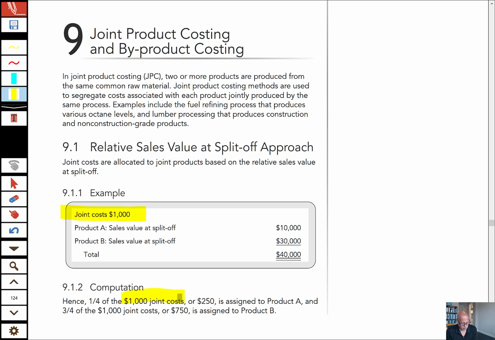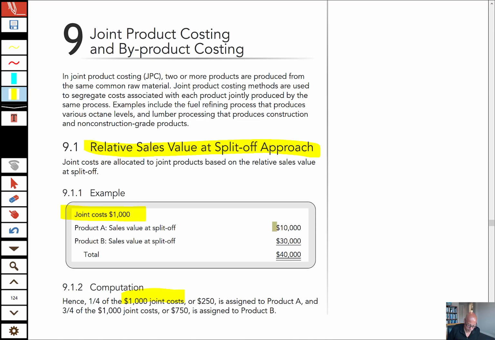So I start to look, and we're first looking at relative sales value at split off. If we have some product that at split off we could sell as it is, then we can just calculate the relative values at split off.